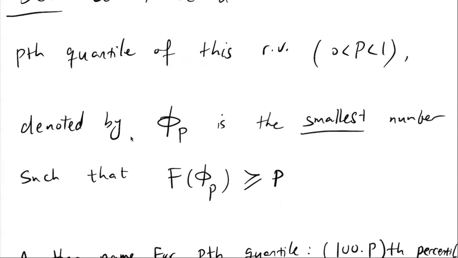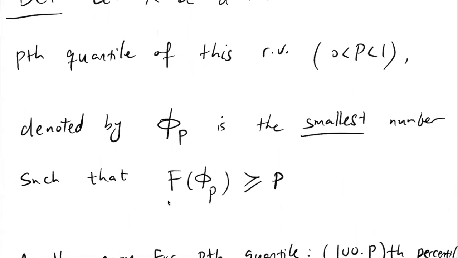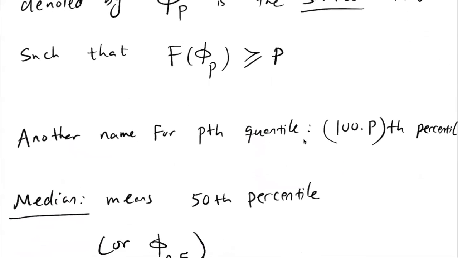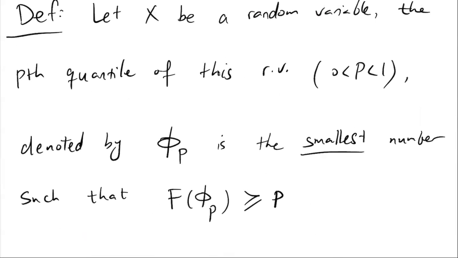Phi sub p means the smallest number where the CDF at that point is bigger than or equal to p. Another name for the pth quantile is 100 times p percentile. Remember here p is a number between 0 and 1. So if p is 0.5, then we have to deal with phi sub 0.5, and that number is called the median.